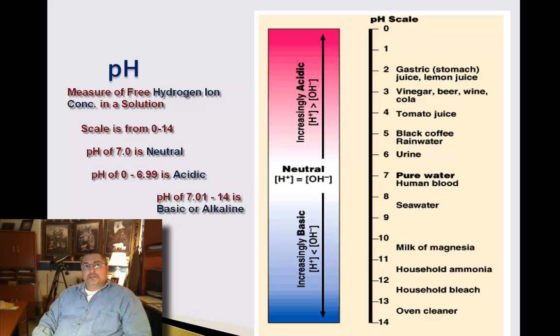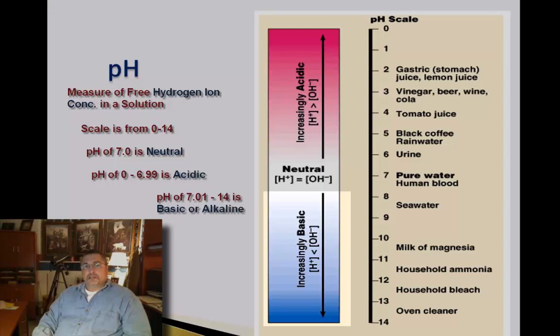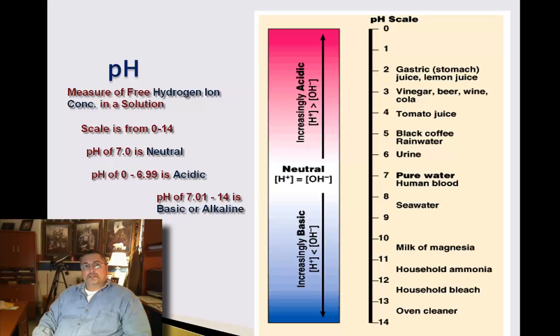Anything greater than a pH of 7, going from a pH of 7.01 up to 14, is going to be basic or alkaline. The closer it is to 14, the stronger the base. The closer it is to 0, the stronger the acid would be.